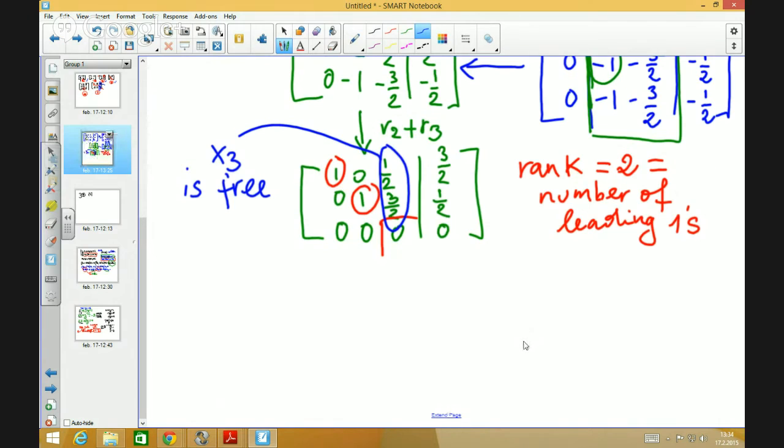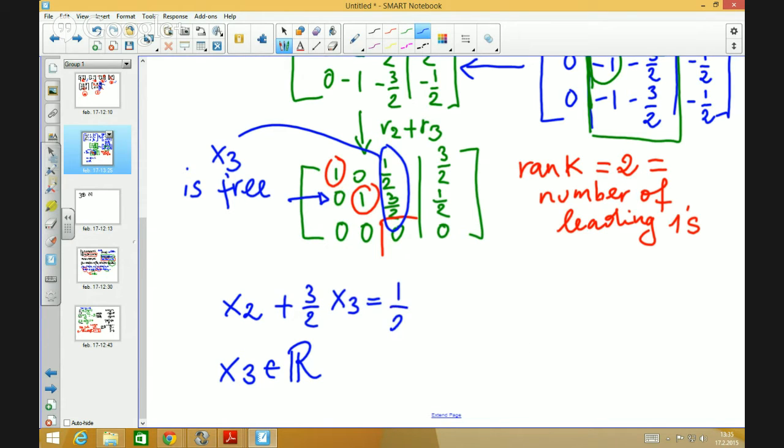Let's spell this out. x3 could be any real number. But once you fix x3, what is x2? In order to determine what x2 is, you can look at the second row here in the reduced row echelon matrix. The second row tells you that x2 plus 3.5 x3 should be equal to 1/2.